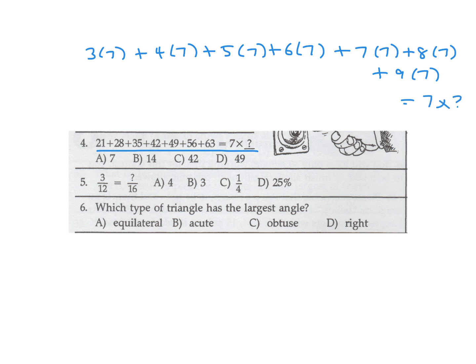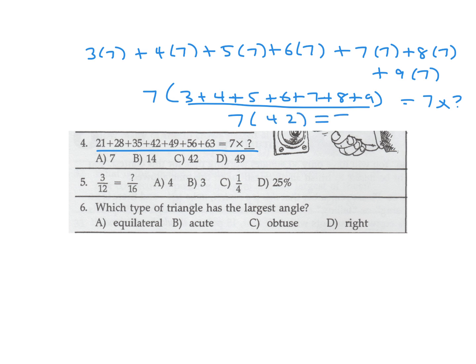So if you factor out the 7, it's just 3 plus 4 plus 5 plus 6 plus 7 plus 8 plus 9. And when you add up these guys, I believe that is 42. So that question mark is 42. So number 4 would be C.